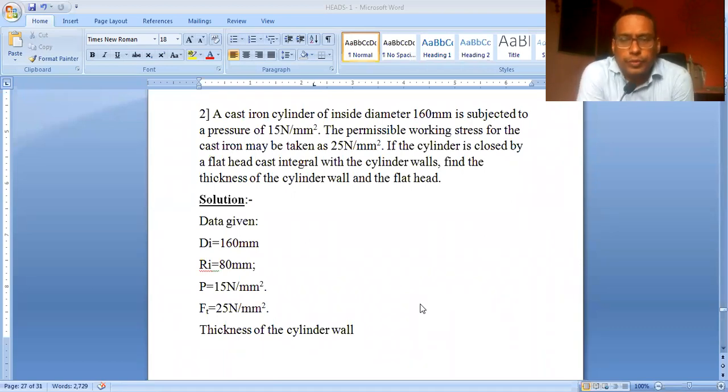Now we will see the numericals related to the heads. In these numericals, there is calculation of the thickness required for the flat plate, calculation of thickness for a toruspherical head, elliptical head, hemispherical head, and the thickness calculation for the conical head.